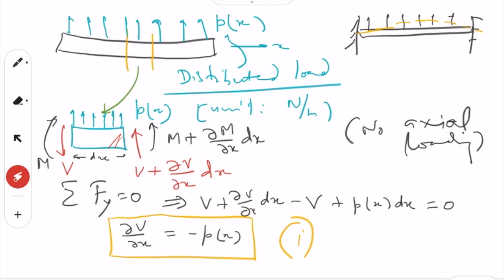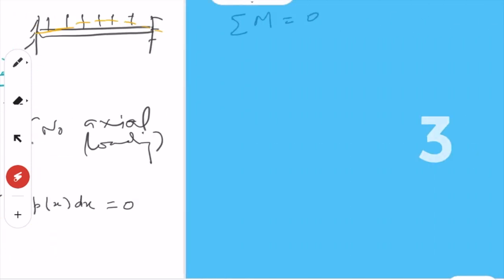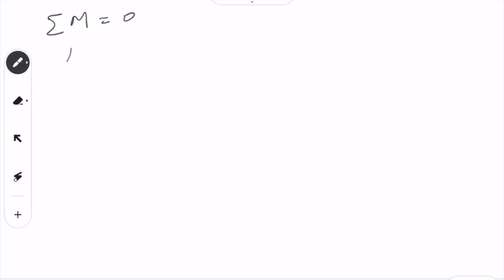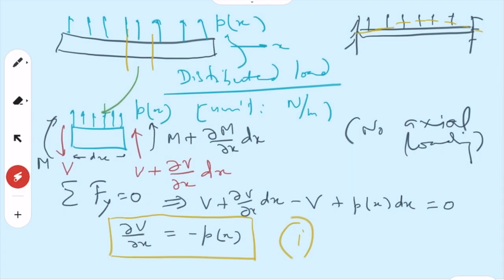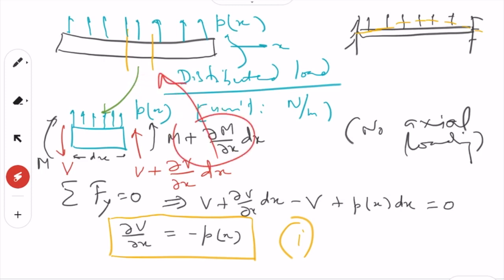We have M, which is clockwise, then M plus del M over del x dx, which is anticlockwise. So it is the difference between these two: M plus del M over del x dx minus M.